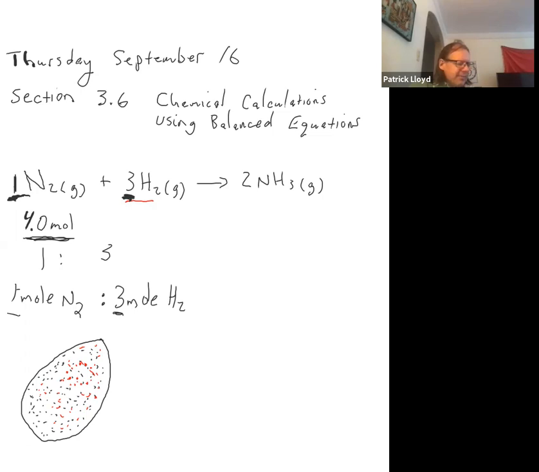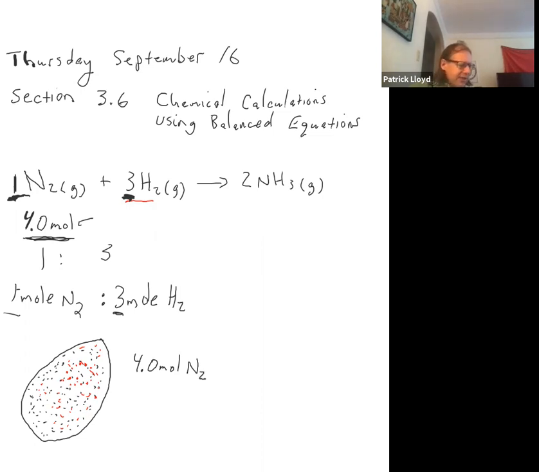But let me be a little bit more careful about that, a little more exacting. I'm going to use dimensional analysis in order to do this problem. So what I'm going to do is write down the information that's given. We're given that there's 4 moles of nitrogen. Okay.